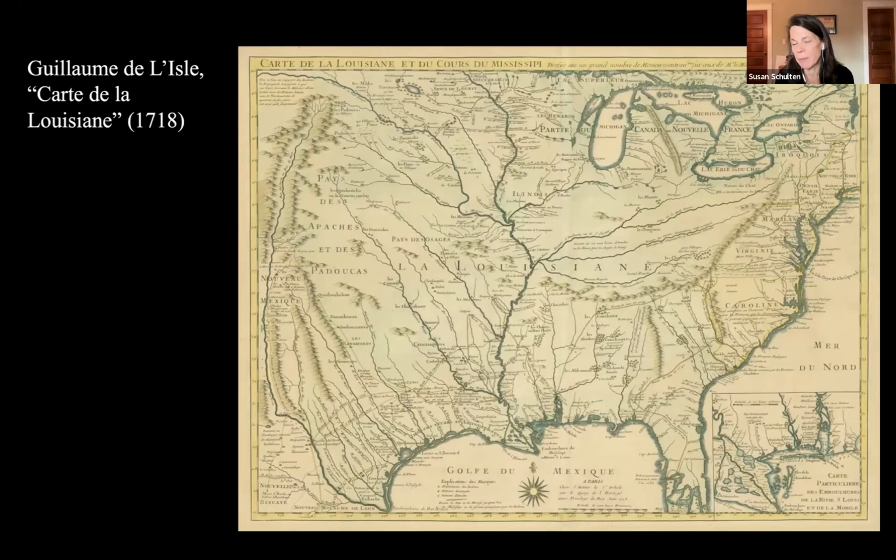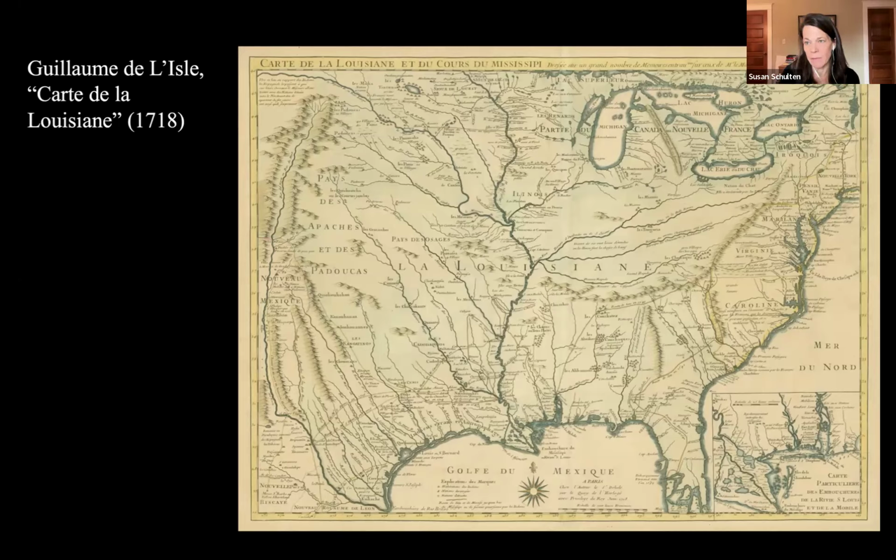The French were there primarily as traders. So whether they were coming down from the Great Lakes or up from the newly established city of New Orleans, they were primarily there to interact with indigenous peoples in terms of fur trapping, right? And so the French legacy in North America, all up and down the Mississippi from the Great Lakes down to New Orleans, is primarily one of forts.